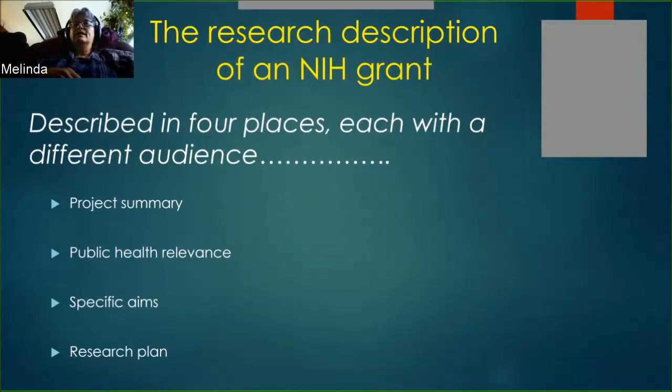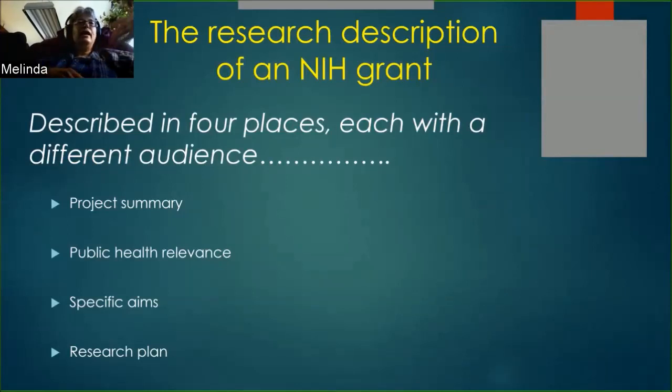Because in some ways, it almost seems like they're asking you to repeat your application in 4 different places, in 4 different ways, saying 4 different things. And if you understand that these pieces aren't read by the same people, it makes more sense how to target it.